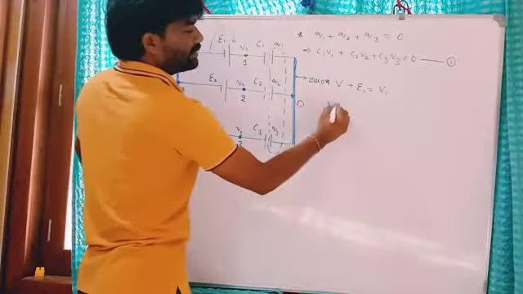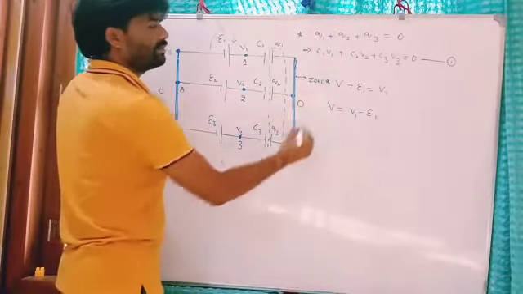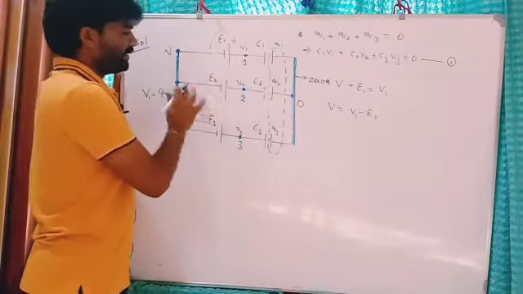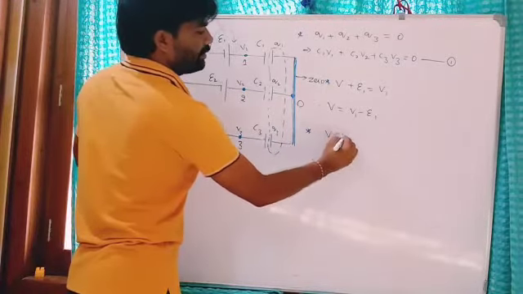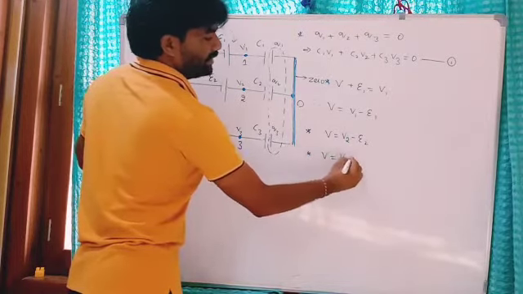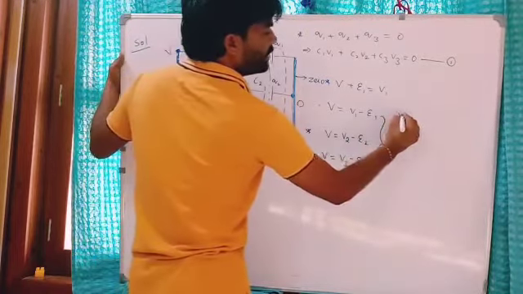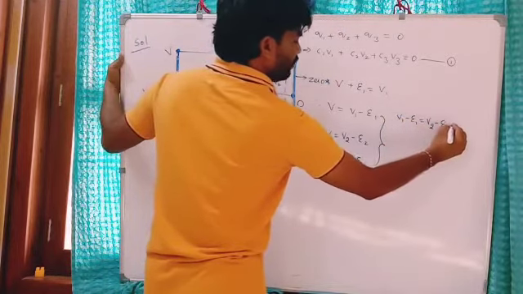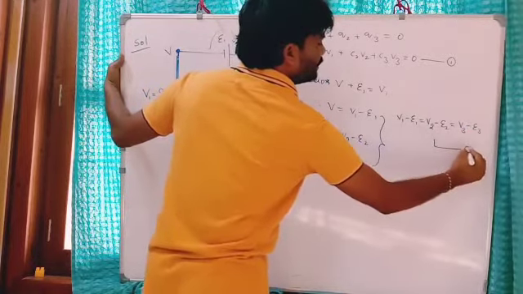You can write V equals V1 minus E1. This is one more relation. Similarly you can apply the same for the other two batteries. You will get V equals V2 minus E2 and V equals V3 minus E3. From these 3 relations you can write V1 minus E1 equals V2 minus E2 equals V3 minus E3. This is relation number 2.